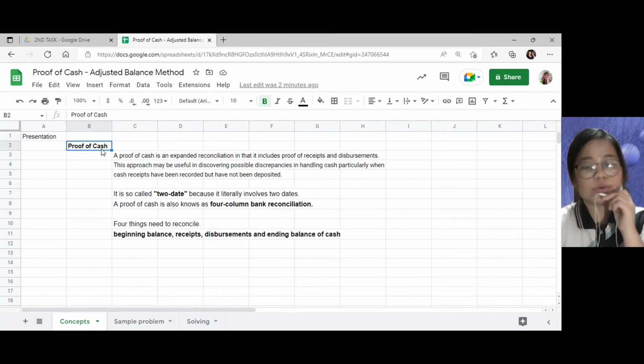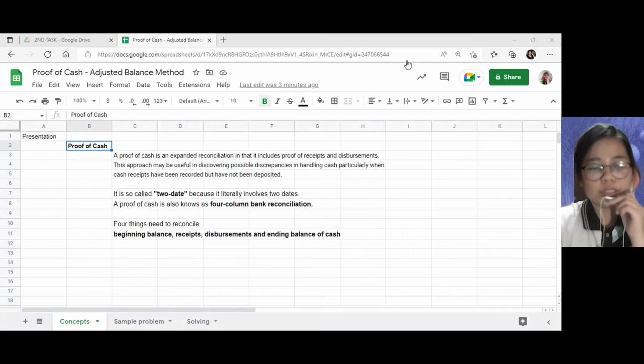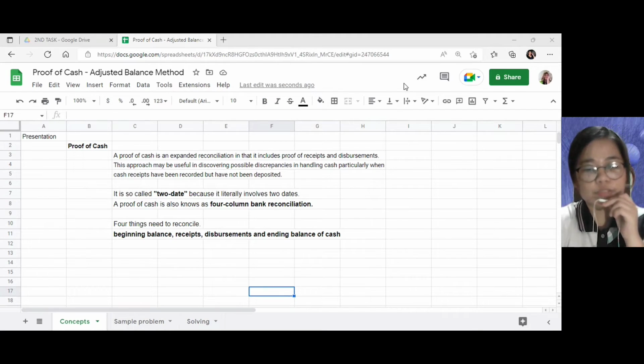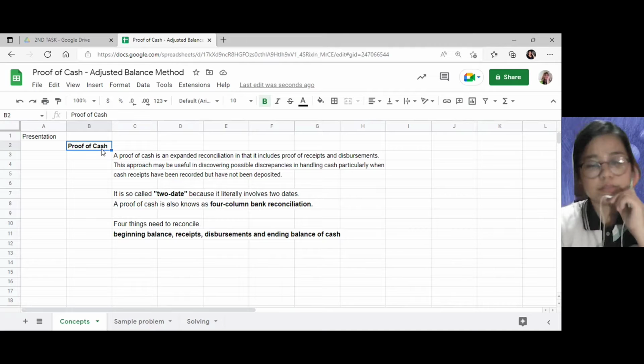Right? It is also called a two-date because it literally involves two dates. So, a proof of cash is also known as four-column bank reconciliation, because we are not just trying to reconcile the beginning and the ending cash balance, right? But actually, we are also trying to reconcile the receipts and the disbursements.